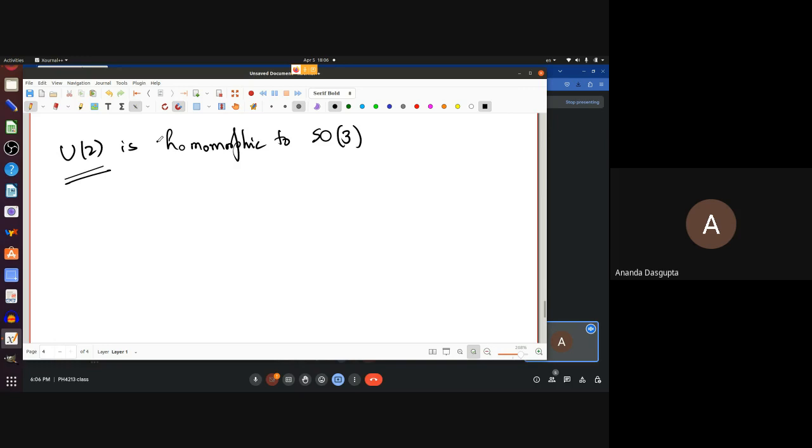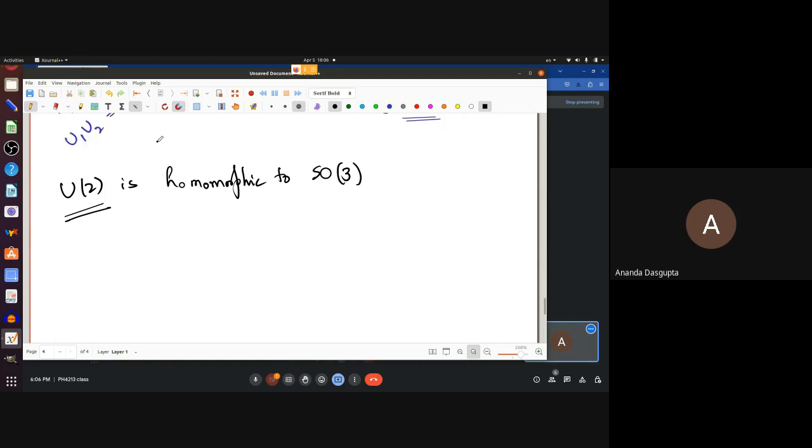Can you think of more than one unitary matrix which will give you the same R?